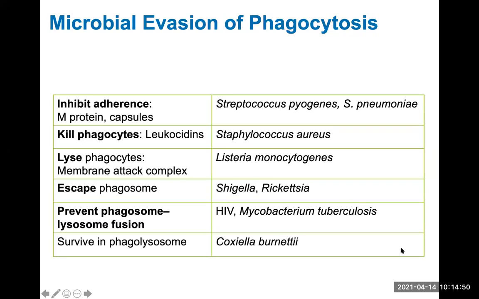So Streptococcus pyogenes has the M protein, whereas pneumoniae has the capsule, and both of these make it hard or even impossible for the phagocyte to grab onto it. And so they will not be taken up by phagocytes.